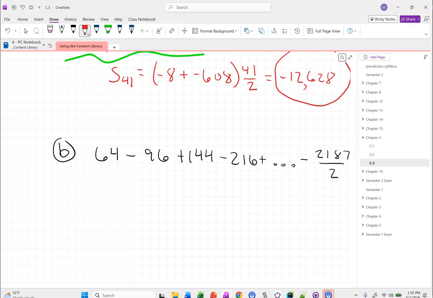So to go from 64 to negative 96, what did we do? I can just divide negative 96 by 64 and then reduce, right? That should give me the common ratio if you don't see it by hand. That's negative 3 over 2. If I take 144 and divide it by negative 96, that also gives me negative 3 over 2.